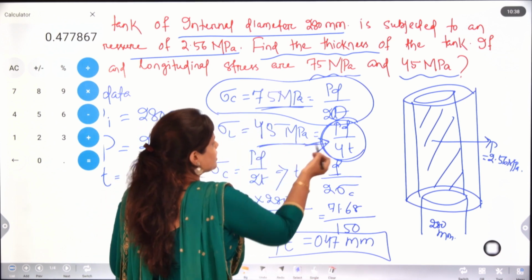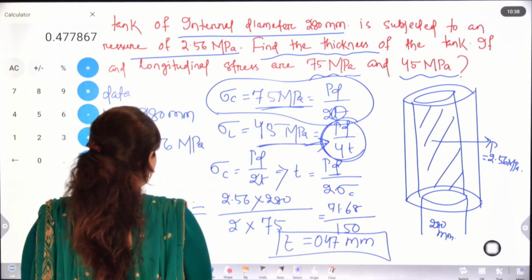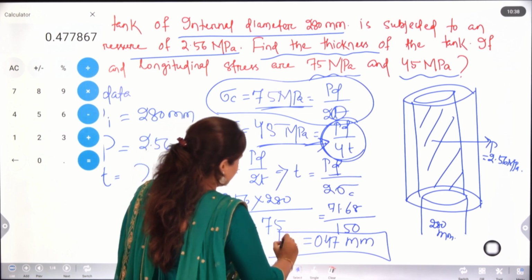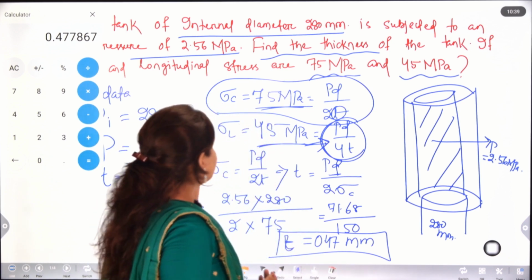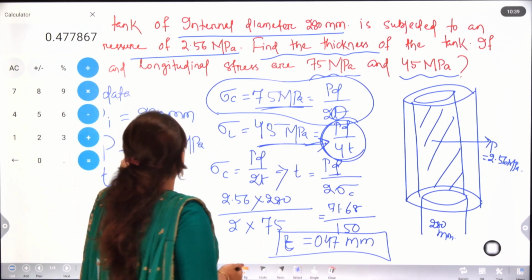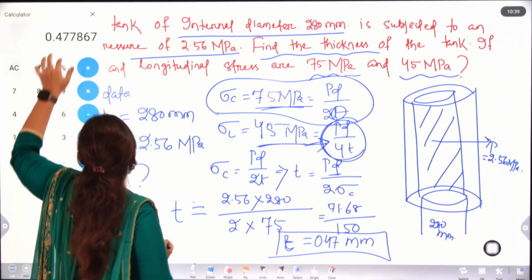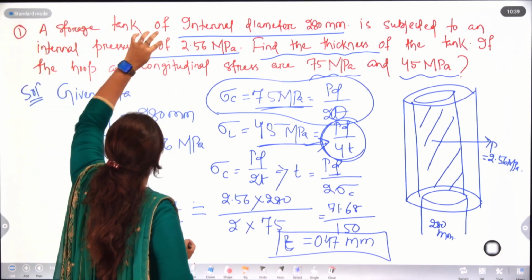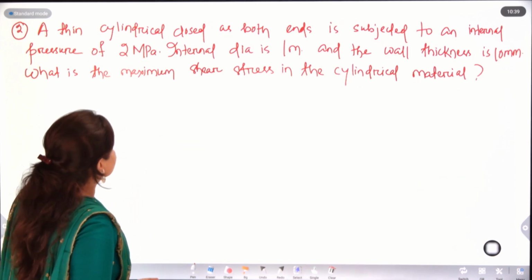Here, by putting in numericals, we just need to understand the question. If we understand what data we have, next we can just put the values in our formulas and get the answer.